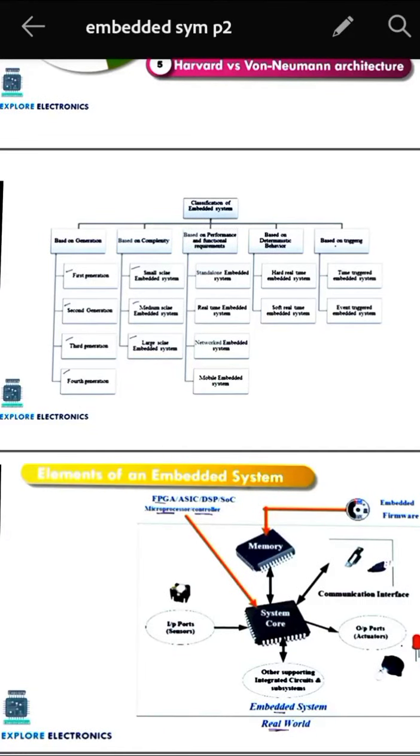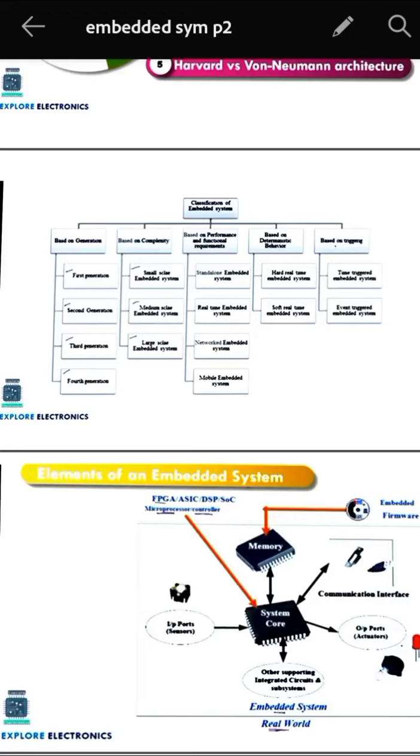Okay, next go for the elements of an embedded system. First, see the blocks present in the elements of an embedded system. The system core is the main part, which is also called the heart of the embedded system, and it contains the microprocessor or microcontroller.